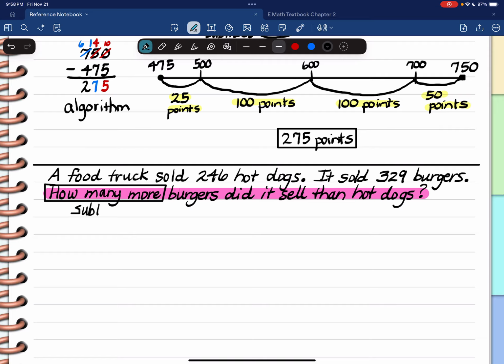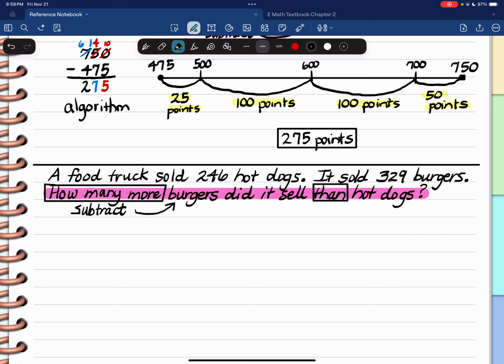And what is it asking me to subtract? Burgers. Here's another keyword that means subtraction. Than. If it's in the question. How many more burgers than hot dogs?